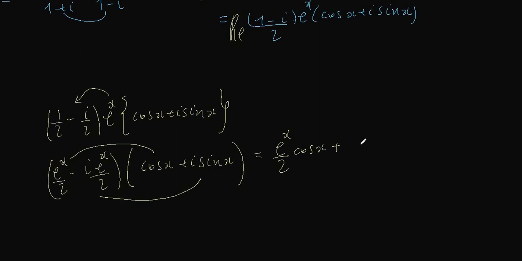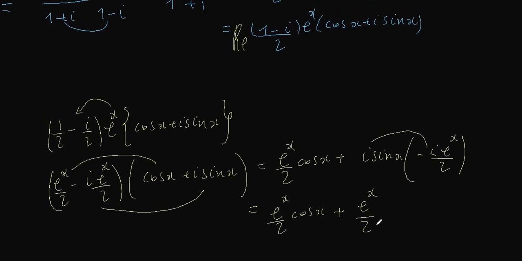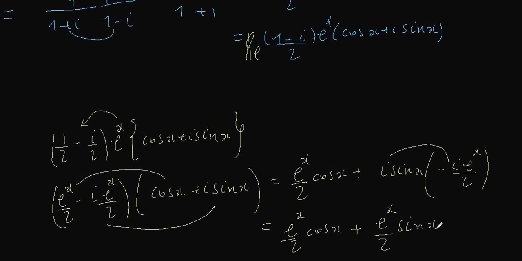So this is equal to i sine x times minus i e to the x over 2. Now minus i times i is equal to 1, so it gets plus e to the x over 2 sine x.